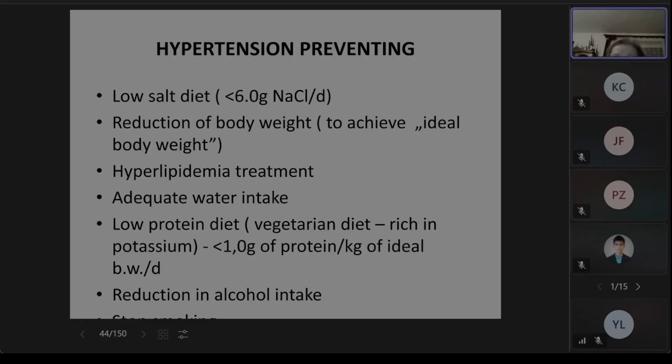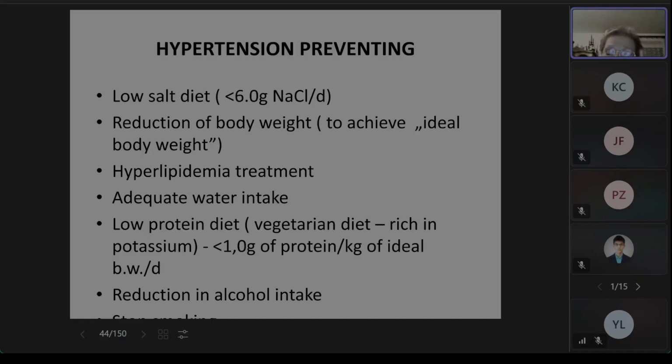Atherosclerosis is connected with the constriction and the stiffness of the blood vessels, and in this way we can observe hypertension.